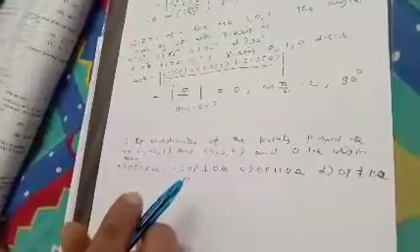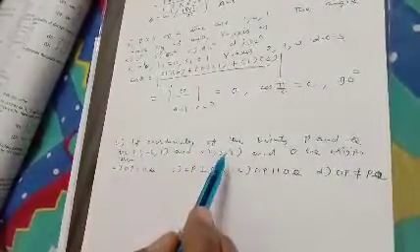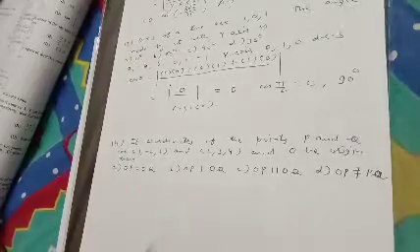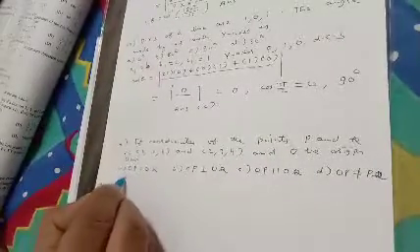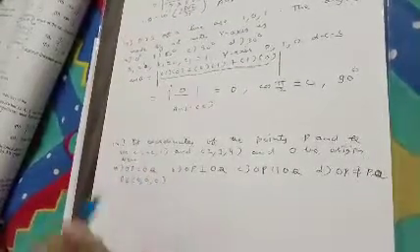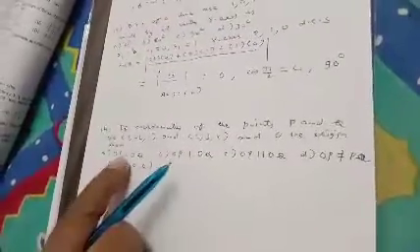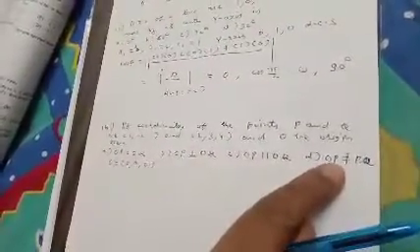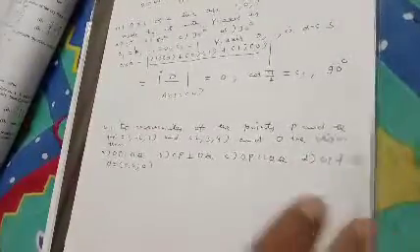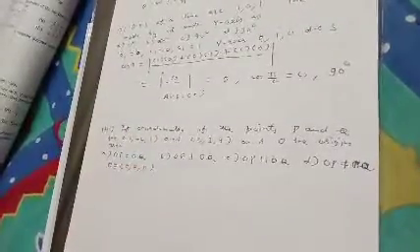Next example. Coordinates of points P and Q are given. P is 1, minus 2, 1, Q is 2, 3, 4. So these are points in space. And O is the origin. So we can write the coordinates of the origin as 0, 0, 0. Then we have to verify the correct option. For OP equal to OQ, or OP not equal to OQ, we have to find the distance.